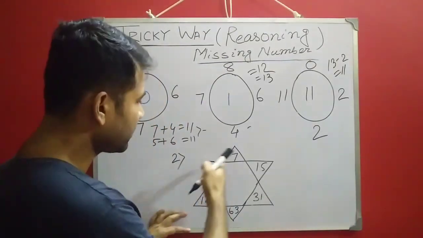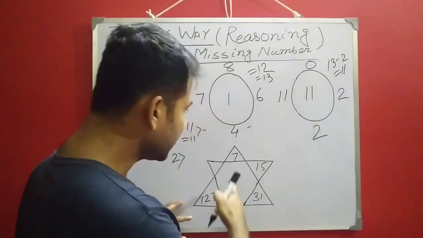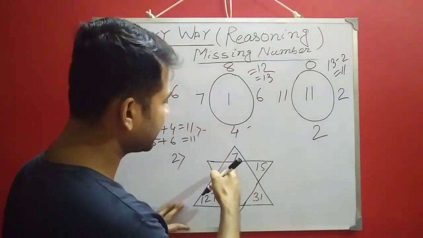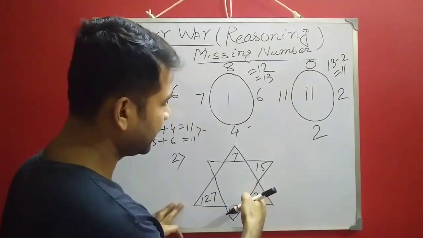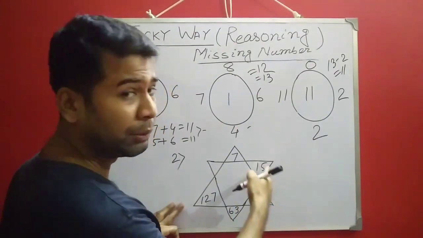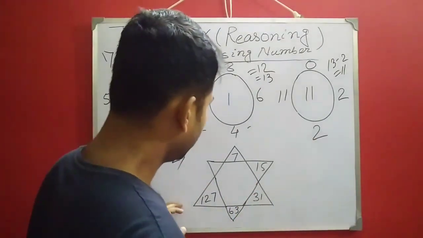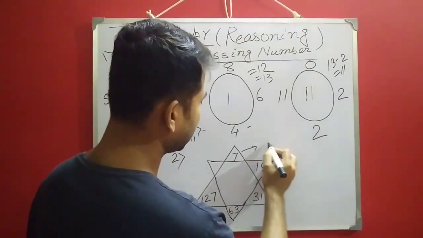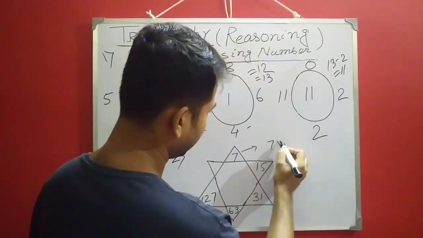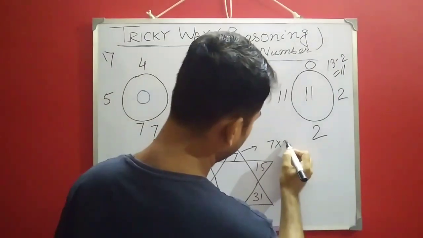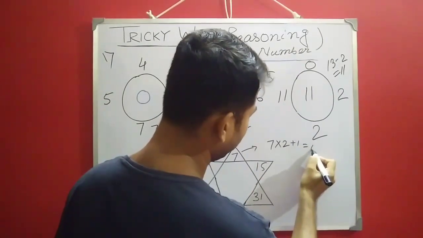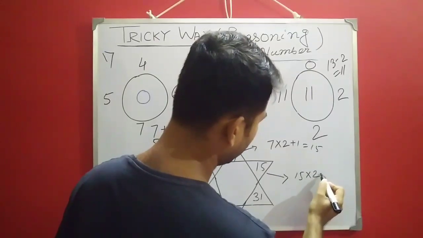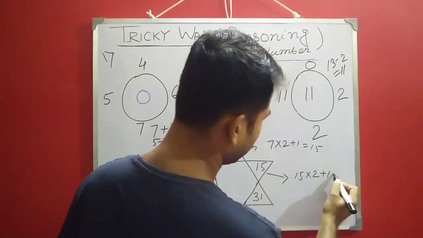Clear? Our next problem. It is clear that the value is starting from 7 and it continues increasing in this way. So 7, 15: 7 into 2 plus 1 equal to 15. 15 into 2 plus 1 equal to 31.